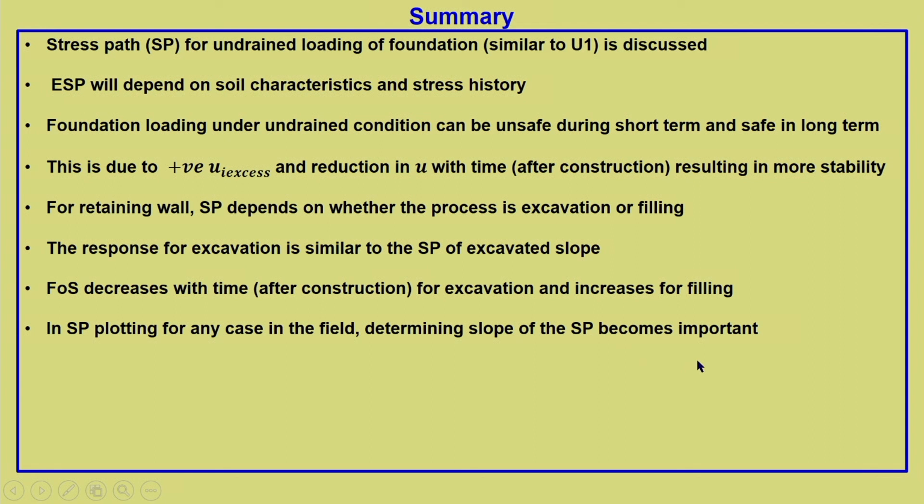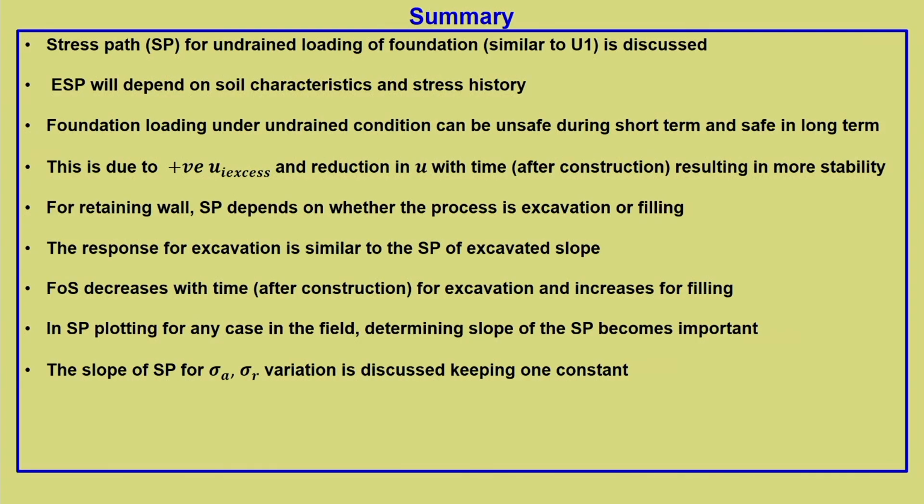Now, what does all this mean? We need to determine the correct slope of the stress path. For that, the slope of the stress path for sigma A and sigma r variation is discussed keeping one constant. So, we have discussed the very critical cases.